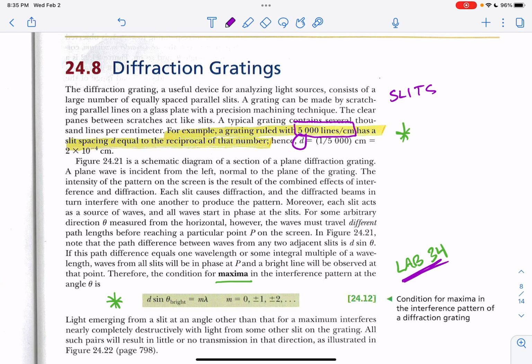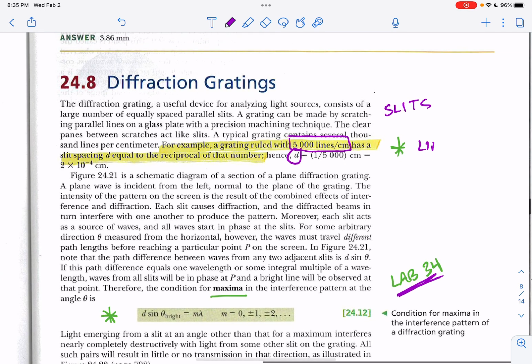Instead, it tells you how many lines or slits per millimeter or centimeter or inch, depending upon the manufacturer of the diffraction grating. So if you have 5,000 lines per centimeter, you need to take the reciprocal of that value to get D, because D is centimeters or millimeters or inches per line or slit.